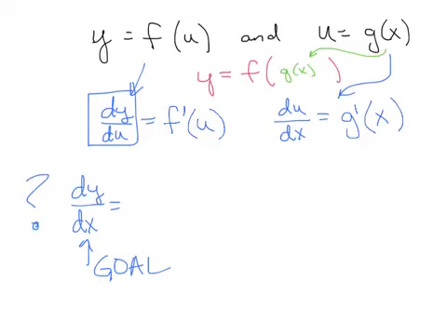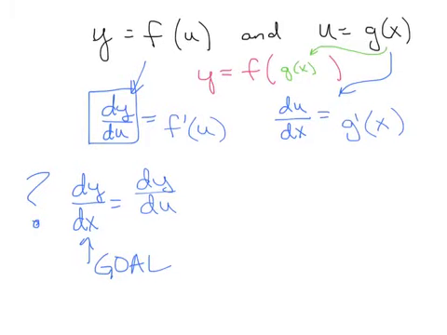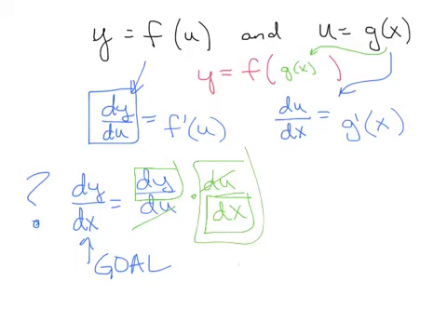Now I want to show you a little bit of algebra here. dy over du, and then if we do unit analysis and multiply by du over dx, watch what happens. The du's cancel, and when you multiply straight across, you get dy on top and dx on the bottom, which is exactly what we want. So this is called the chain rule. Right here, this is the chain. This is the derivative of the inside function, u, where x is your variable.